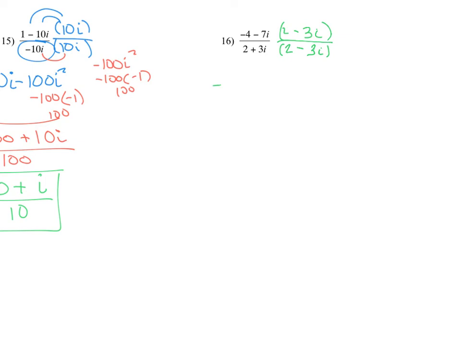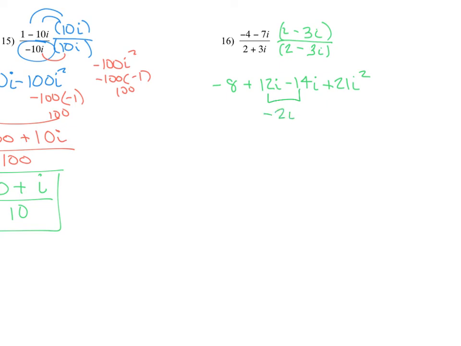So I have -8. Then my outside gives me plus 12i. Oops. All right, inside will give me minus 14i. And last will give me 21i squared. All right, so I'm going to combine my like terms here.